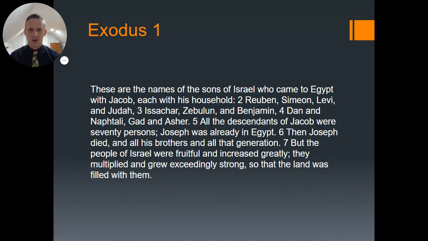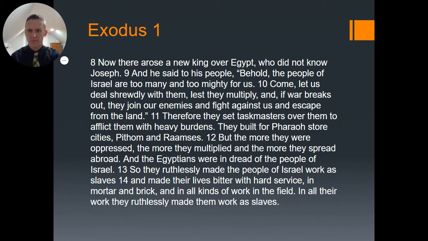When Joseph died, and all his brothers and all that generation, but the people of Israel were fruitful and increased greatly. They multiplied and grew exceedingly strong, so that the land was filled with them. Now there arose a new king over Egypt, who did not know Joseph."